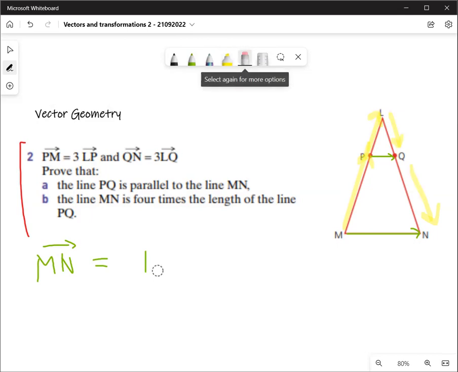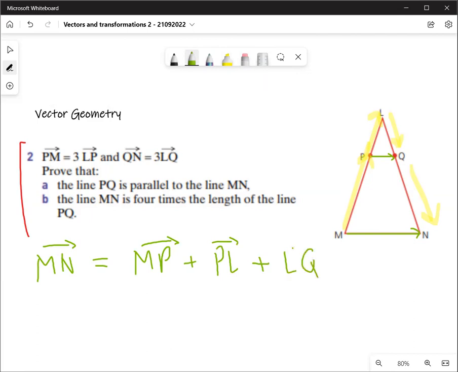So to reach N from M, I'll have to go MP, then add PL to it, then LQ, and then add QN to it. Can we directly go from M to N? Now we know M to N. We wrote that already. We have to write the other way. This direct way must be the same as the other way.